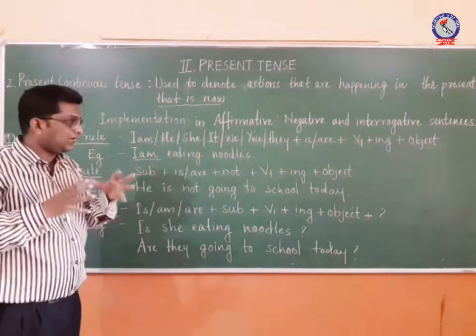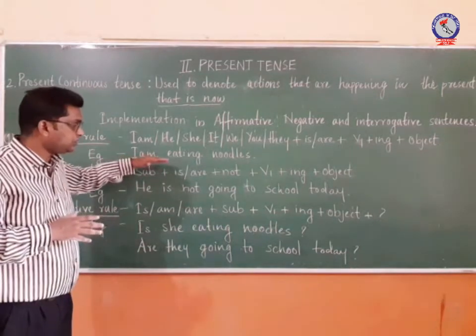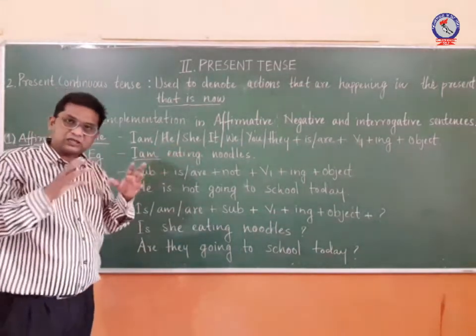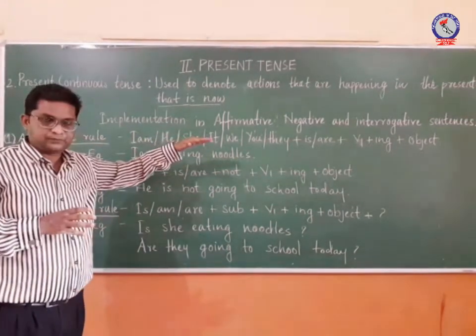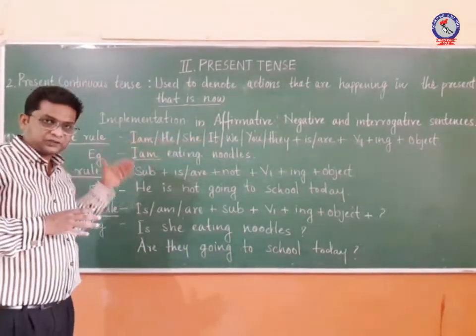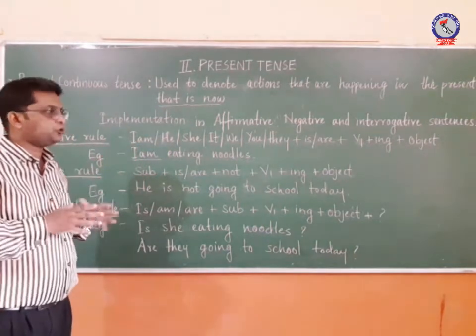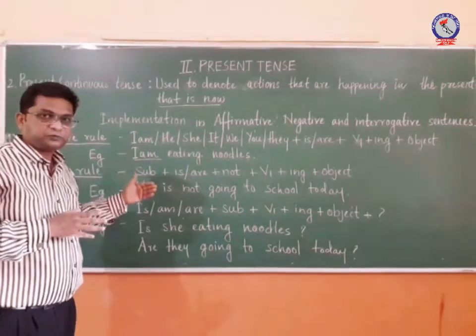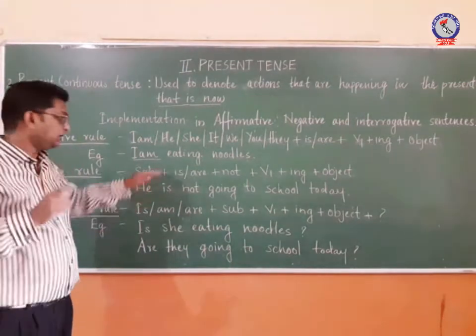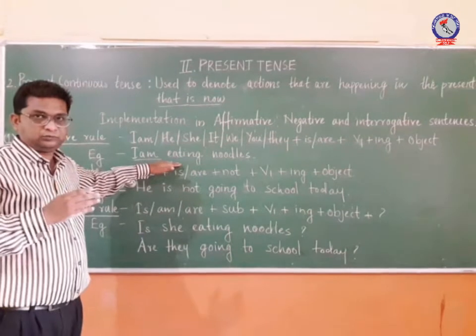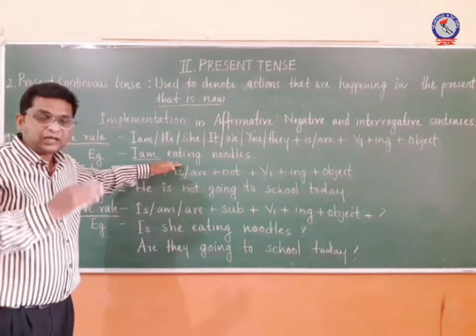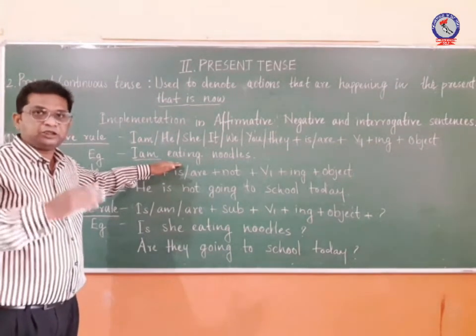If we put they, they are eating noodles. So you see here, we can use these terms according to the first person, second person and third person. See here one more thing. Eating is still going on. The action is still continuing.